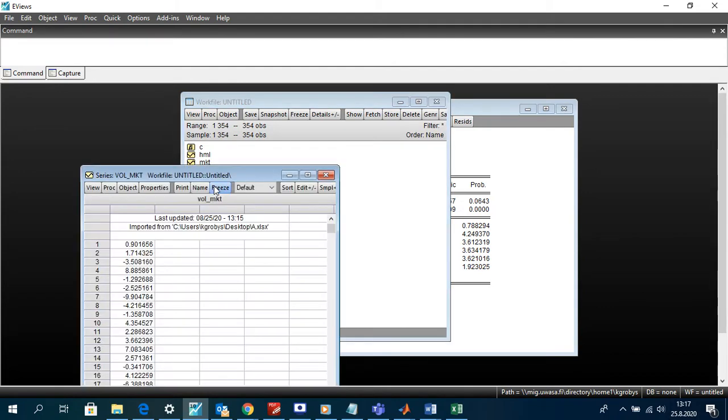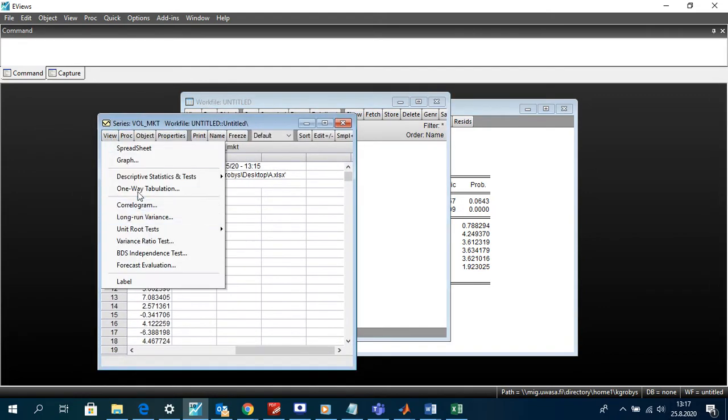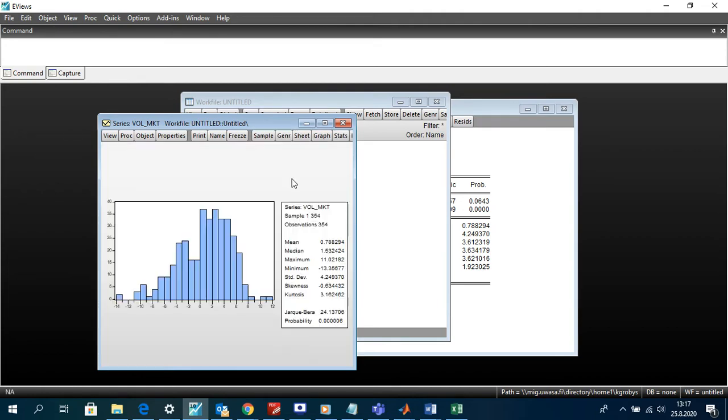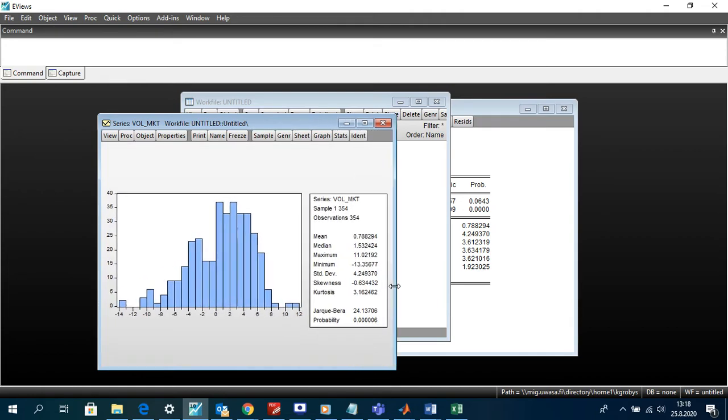If we check how our factor looks, let's take the descriptive statistics and tests, histogram and stats. What we see is that kurtosis is close to normal, but the distribution is negatively skewed.